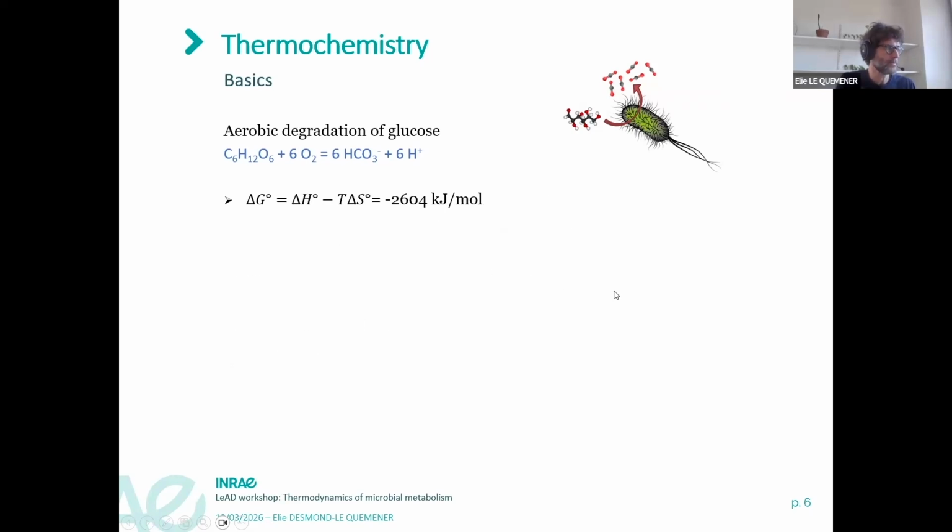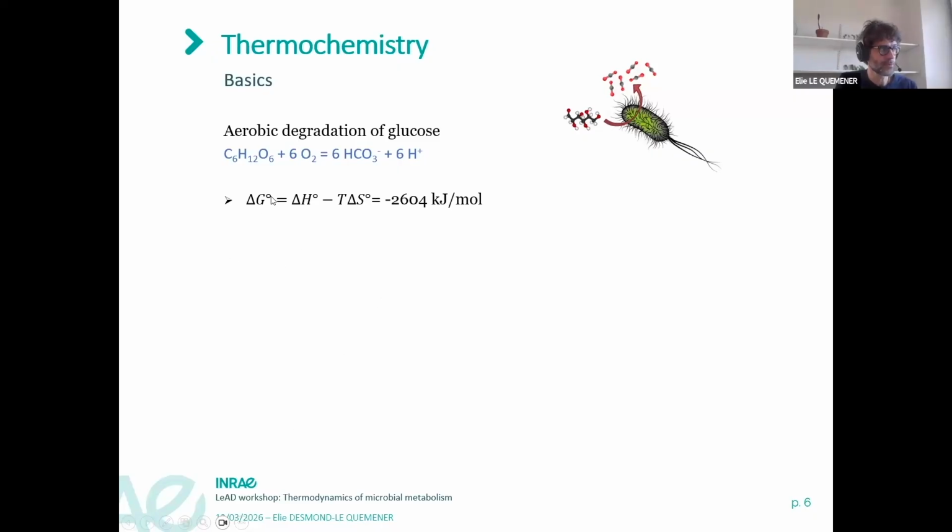This is for the entropy. So here, for example, if we do that for the glucose, what we obtain is delta G standard is minus 2,604 kilojoule per mole.